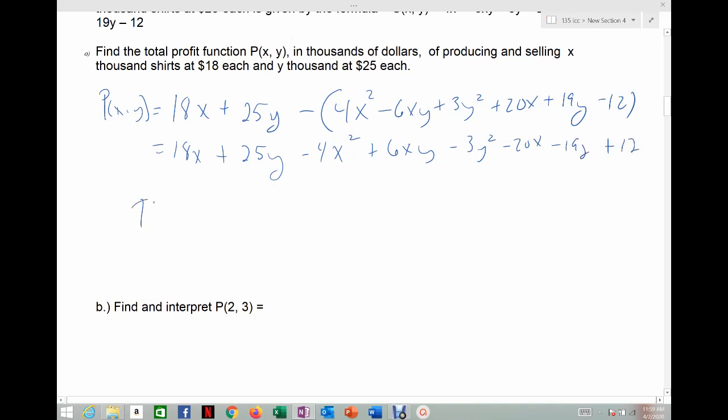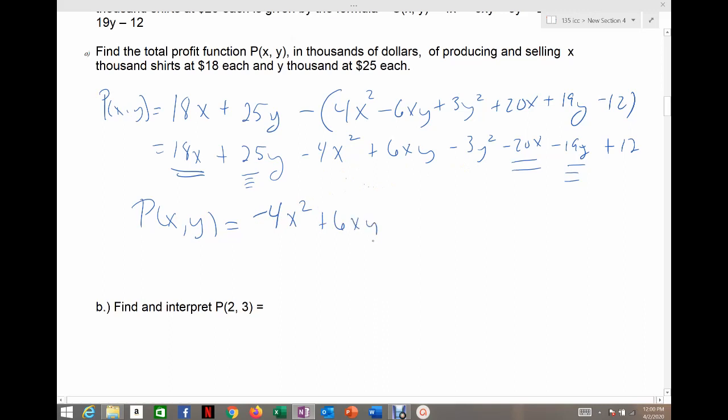Collect like terms. In this case, there's actually only two like terms. The 18x can add with the negative 20x in the other one, and the 25y can add with the negative 19y. Alright, I'm going to actually write down the first three terms here, and then I'm going to add those. Negative 4x squared plus 6x times y, minus 3y squared.